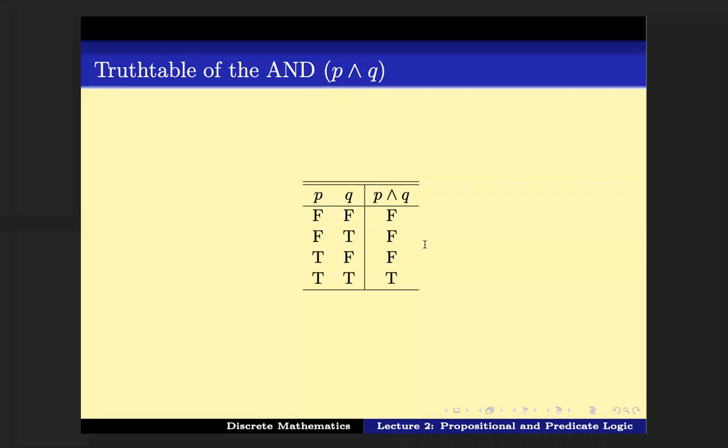What happens if I say something like, I work in ISI and you live on the moon? Is this statement correct or false? Again, it is false. The reason is that we have defined AND in such a way that both of them have to be correct, and only then it is true.